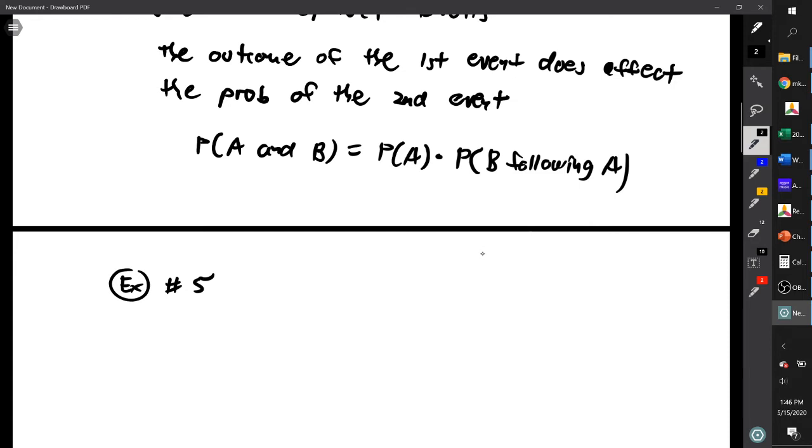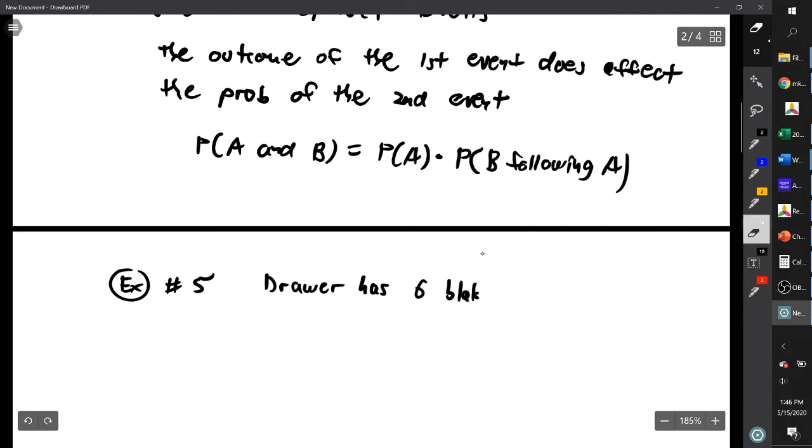So here's what we have. The probability of randomly selecting 2 navy socks from a drawer that contains 6 black and 4 navy socks. So we'll say drawer has 6 black and 4 navy socks.